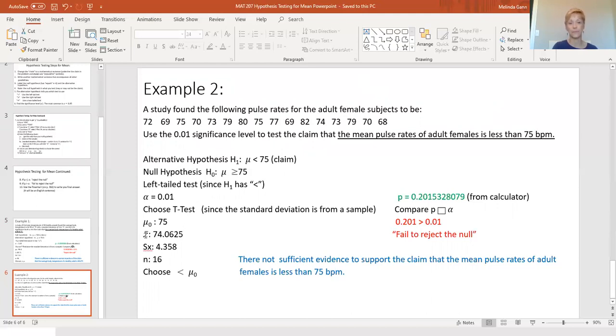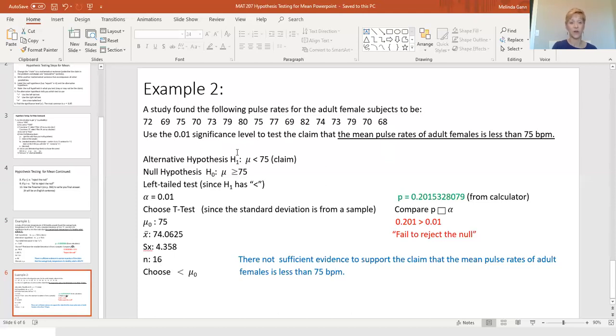So that's the sample mean. I got the standard deviation from the calculator, but you could do it by hand with a formula. The reason I know it's S is, again, it came from this study of these female pulse rates. So when the standard deviation comes from a sample or a study, it's S, not sigma. And then my sample, I counted up, there were 16 numbers, so my N must have been 16.